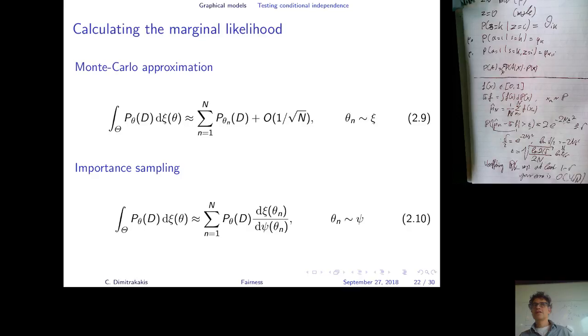Here you have some known bounds, like this one, but it's hard to say how big this quantity is, and this changes the constant in the bounds. These are the two basic ways you can do it. There's another way called variational inference. We're not going to mention that beyond saying the name, but you will probably hear about it. Have you heard about variational inference? No. Okay. It's basically a bound on these probabilities.